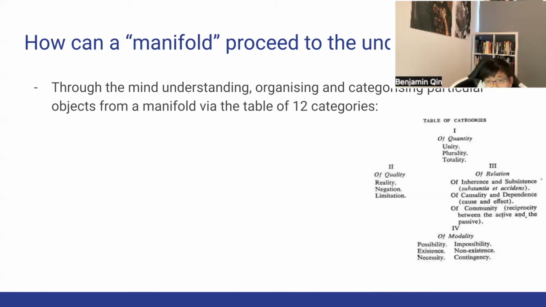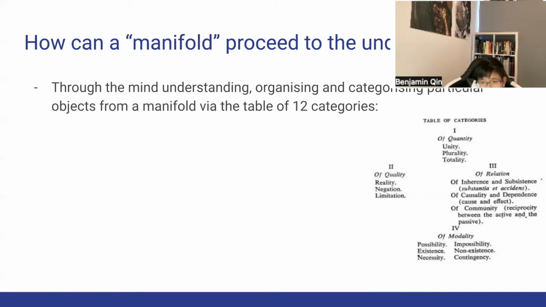These 12 categories can be separated into four: quantity, quality, relation, and modality. Quantity is quite self-evident. It's how much of something there is. Quality is quite simple as well.